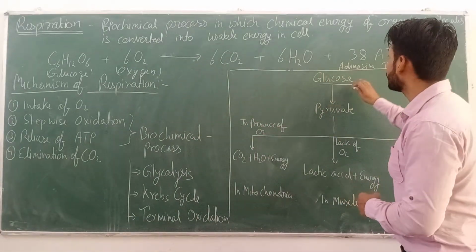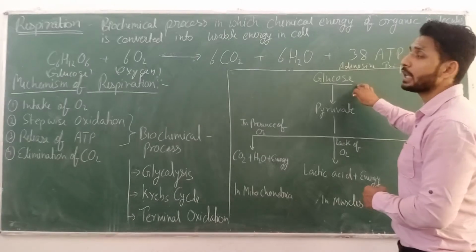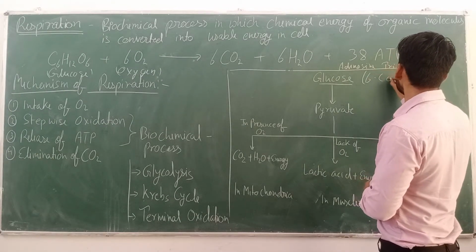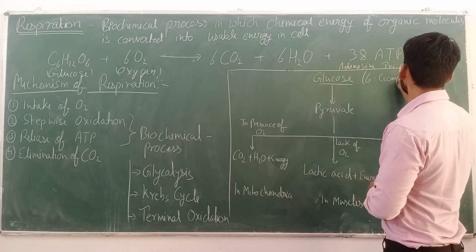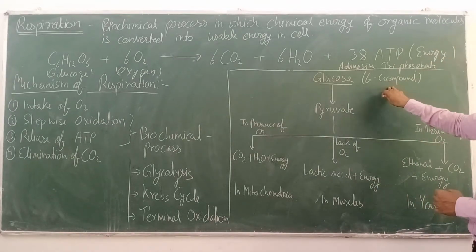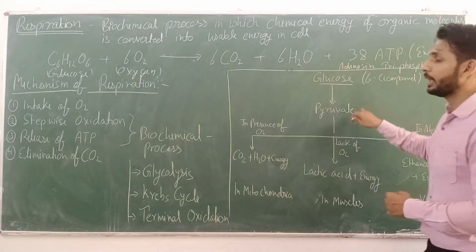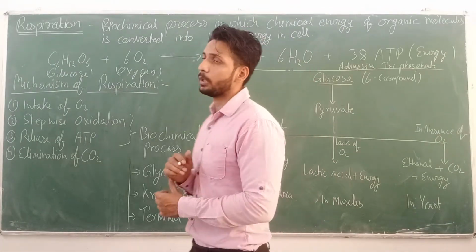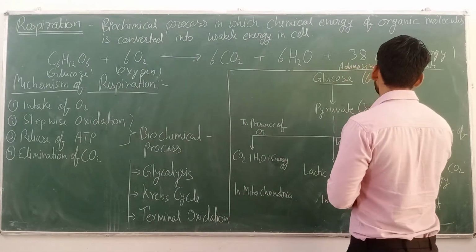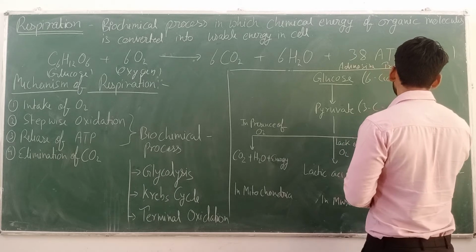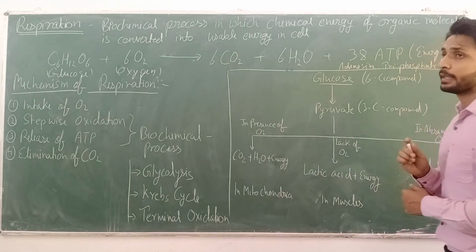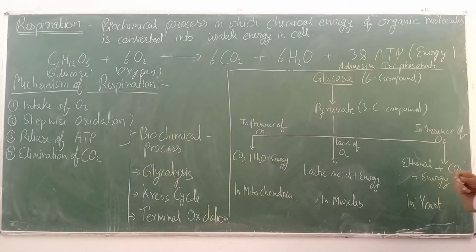What happens? The 6 carbon compound, that is glucose, breaks down into a 3 carbon compound, that is pyruvic acid or pyruvate. This process takes place in the cytoplasm of the cell.